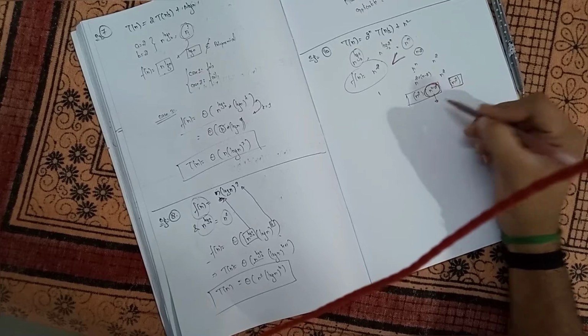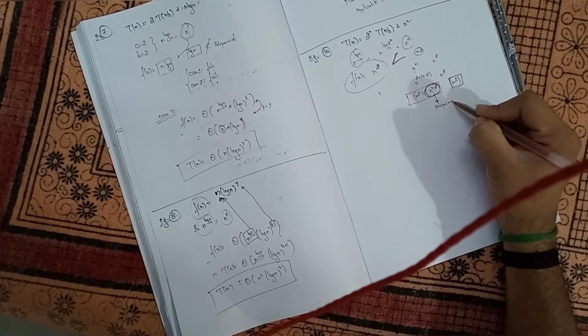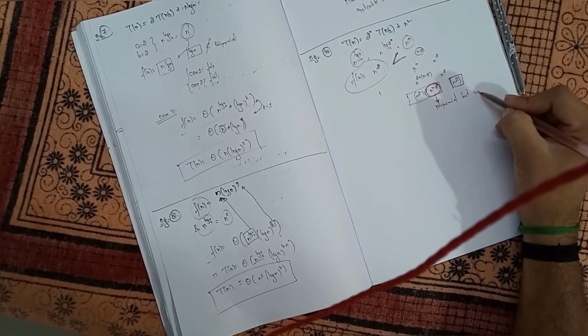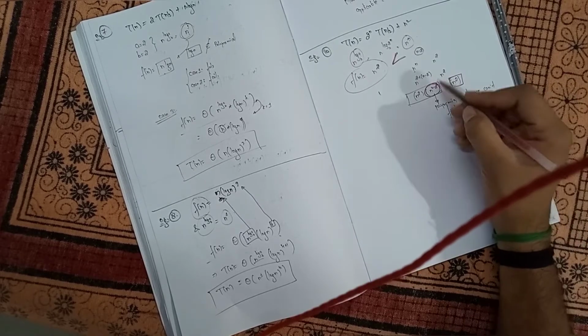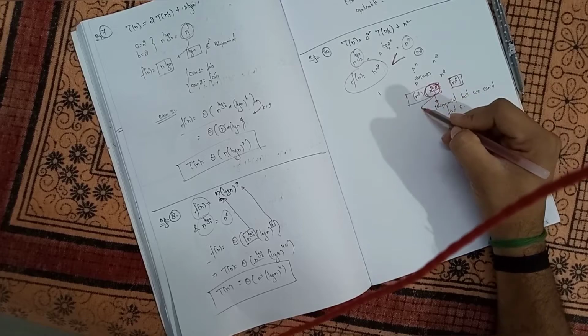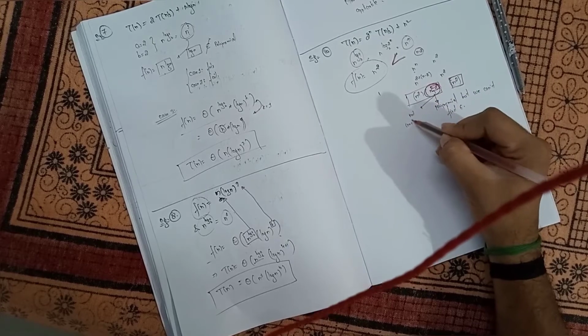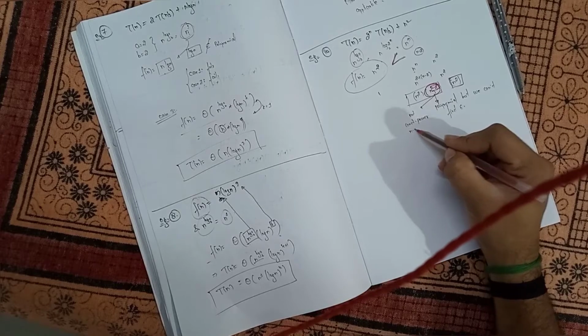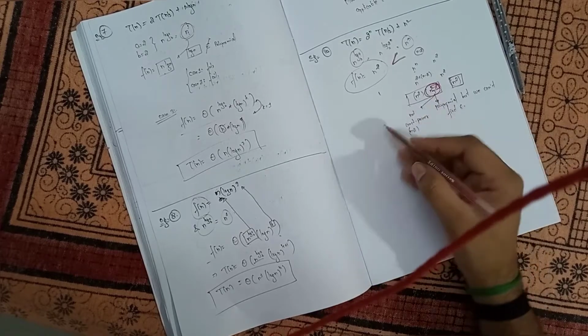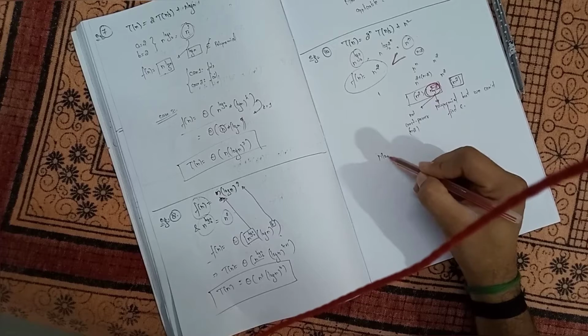But this is a polynomial, but we can't find epsilon, because the power here is not a constant power. It is a function of n in fact. Okay, it is n minus 2. So here also we cannot apply the Master theorem.